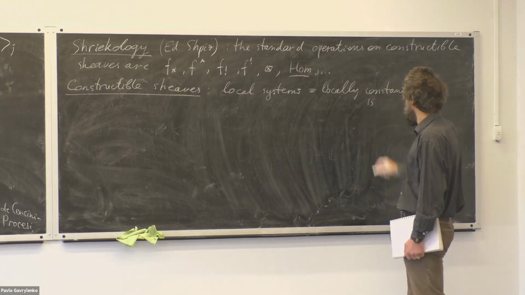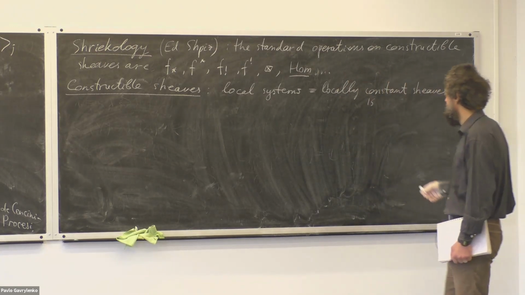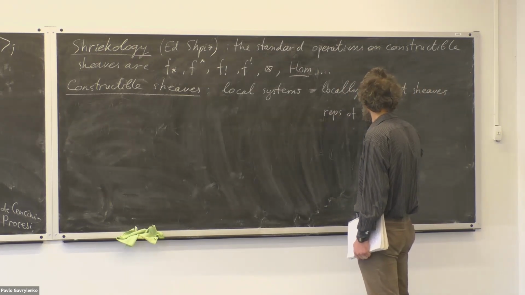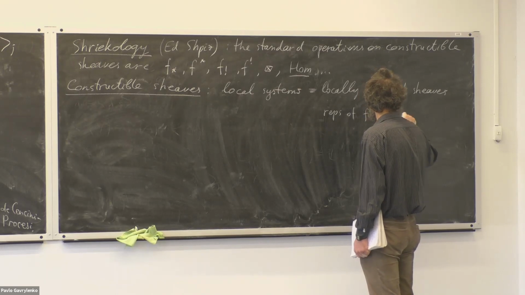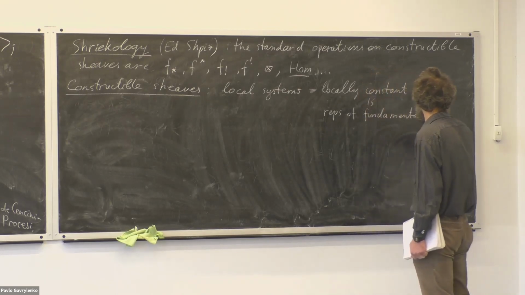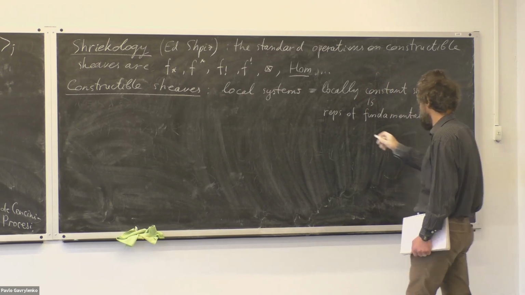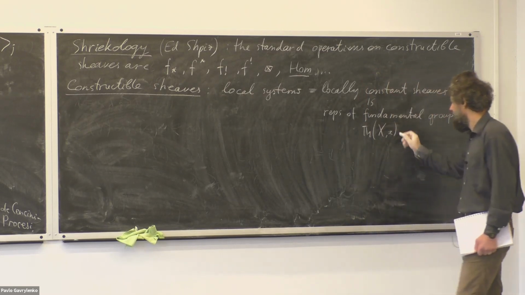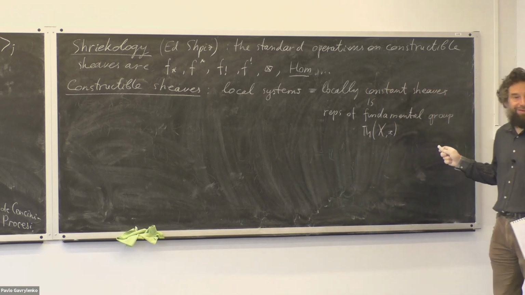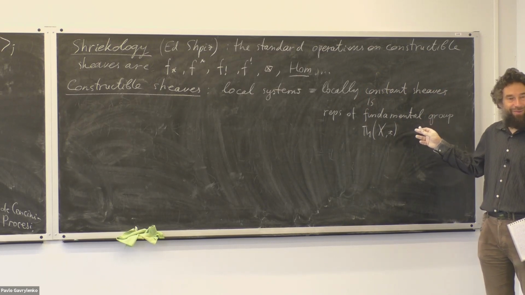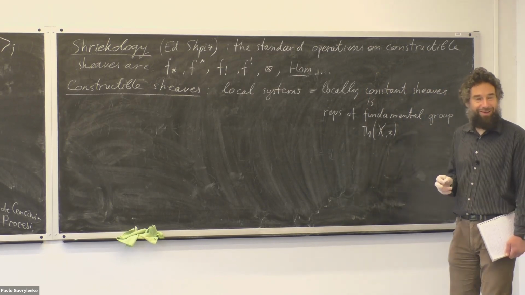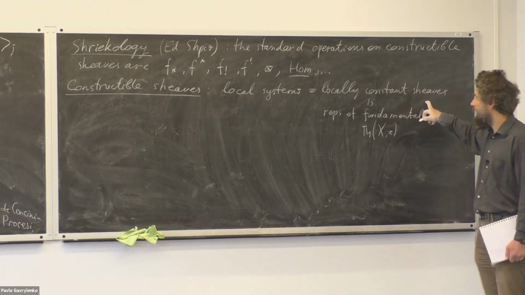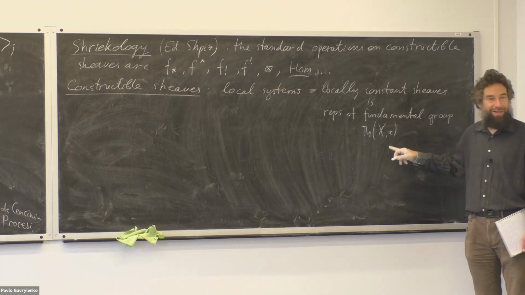And they are combinatorially described as representations of fundamental groups. So is it clear to those who did not attend last year, the locally constant sheaves are the same as representations of the fundamental group?